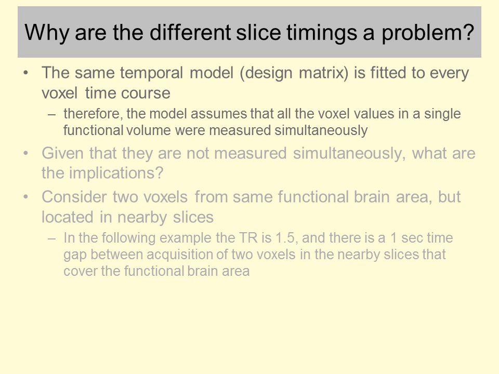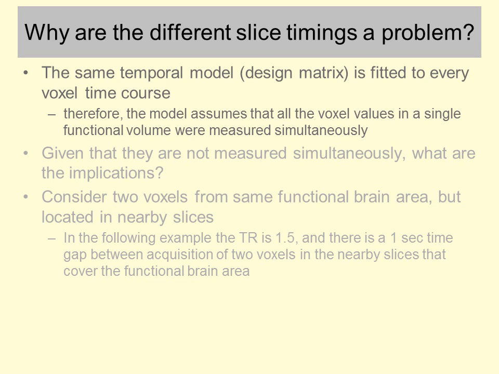I didn't say anything last week, did I, about the time points having to be jittered or anything like that. We just assumed that for a particular functional volume, that was all acquired at the same time. In fact, what the model does is it assumes that all those voxel intensity values were acquired at the midpoint of the TR during which that image was acquired.